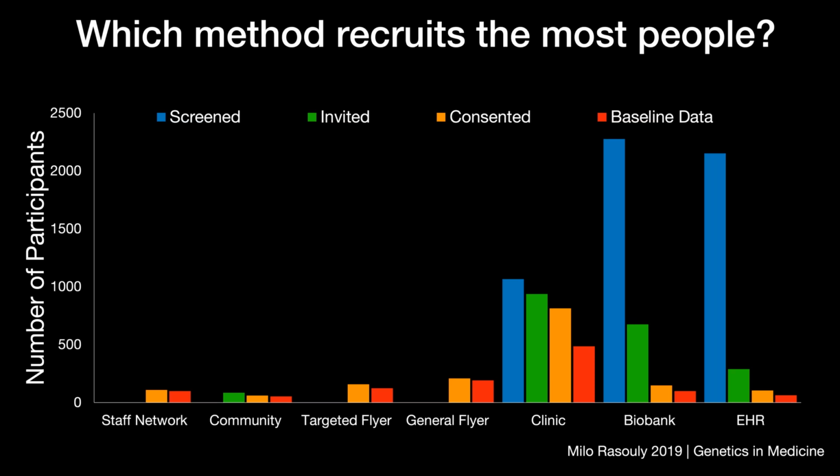Using your staff network to spread by word of mouth, community events, different kinds of flyers, these are much more likely to fully engage folks and bring them into your studies, even though it seems perhaps more justifiable to use these relatively large data sets with a really small conversion rate.